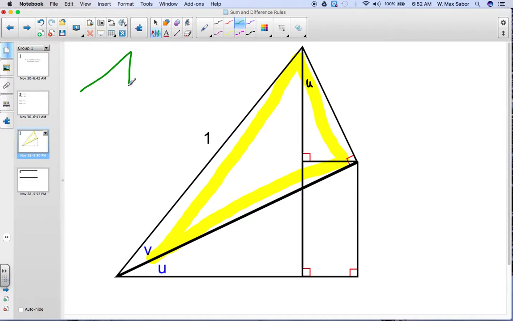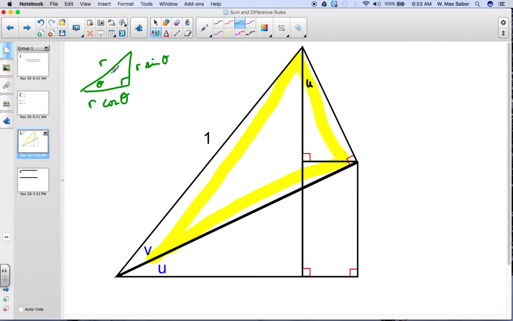You should remember that if we have some sort of side length r and angle theta, we can say that this is r sine theta and this is r cosine theta. This is because sine is opposite over hypotenuse, so r sine theta over r is going to be sine theta.